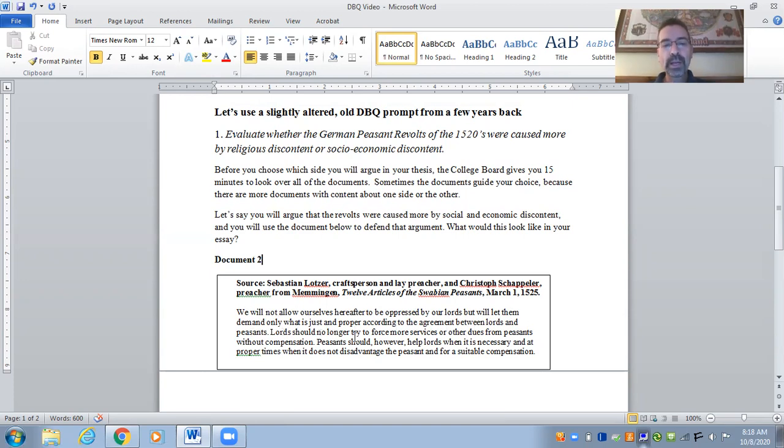Lords should no longer try to force more service or other dues from peasants without compensation. Peasants should, however, help lords when it is necessary and at proper times when it does not disadvantage the peasant and for a suitable compensation.